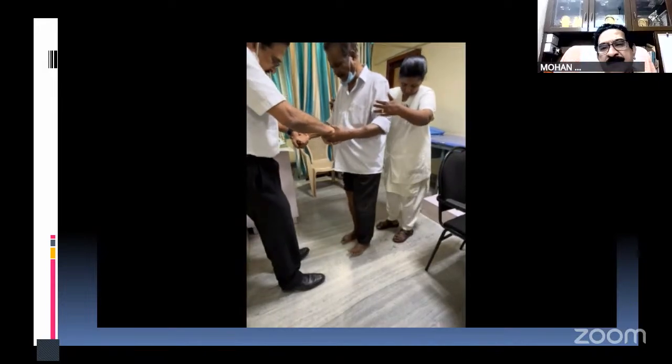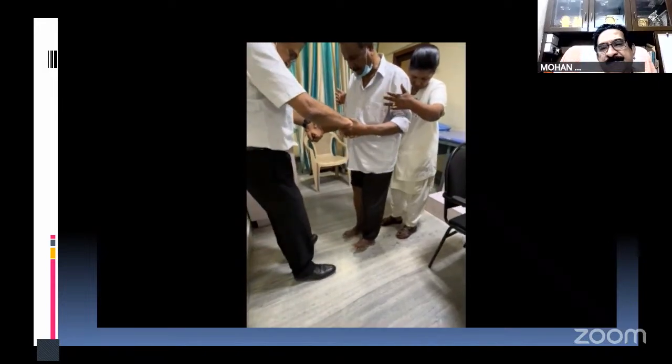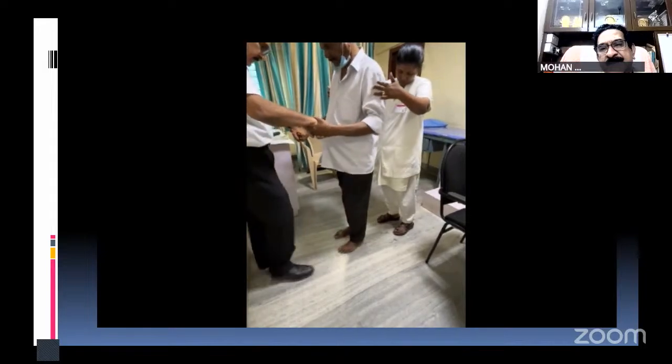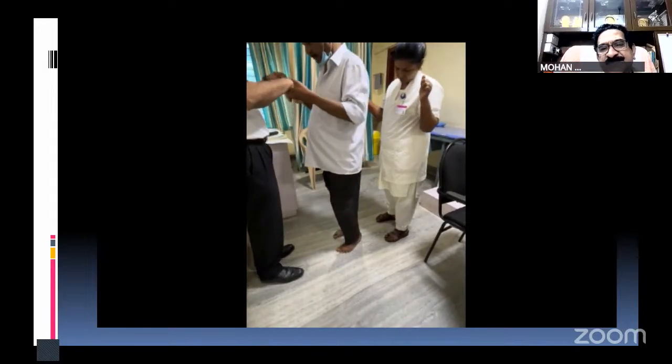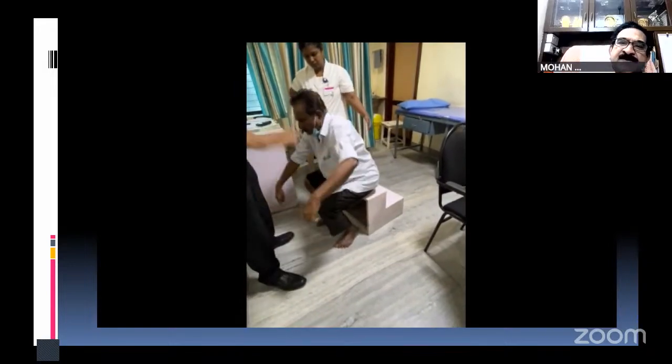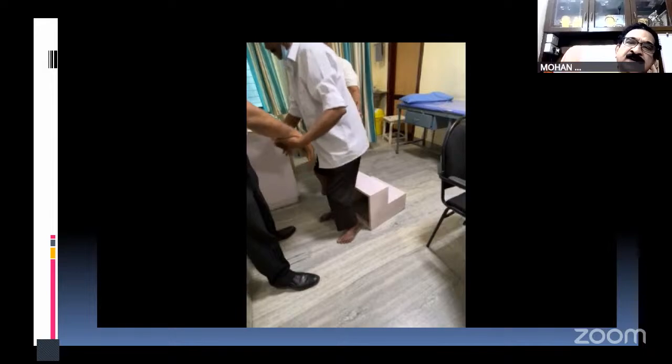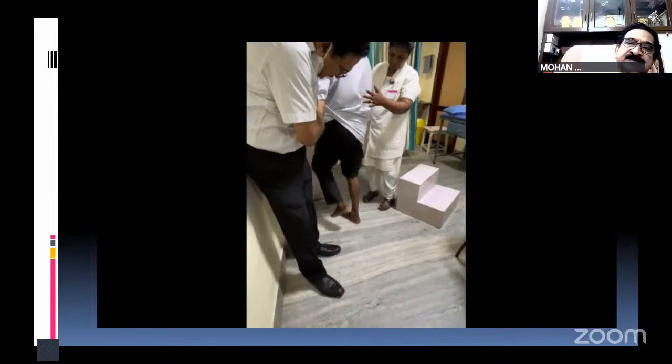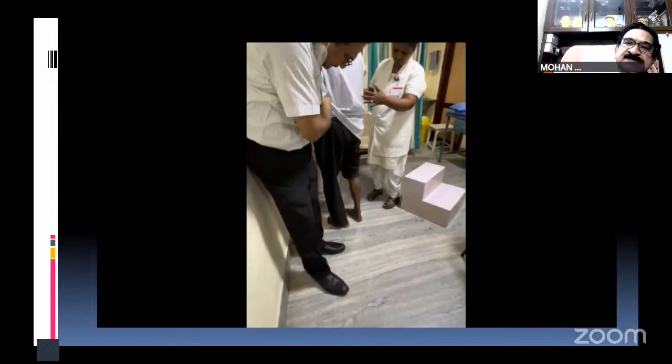He could stand on heel, but mild weakness of right dorsiflexion. Toes, he can walk on toes very well. Even though he uses hip flexion, buckling, he could get up from the sitting, squatting position very well. This also was normal.